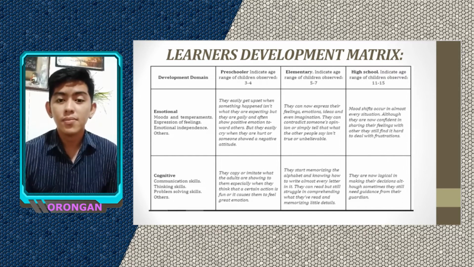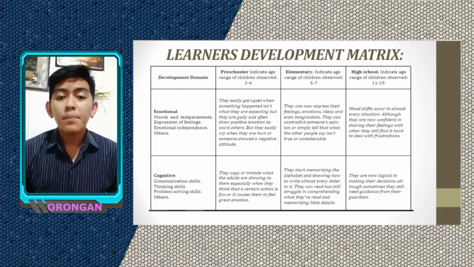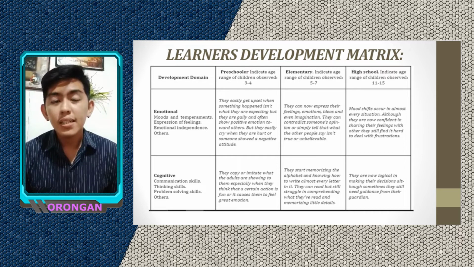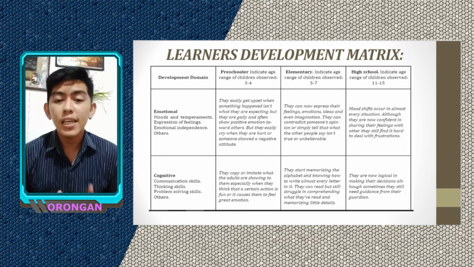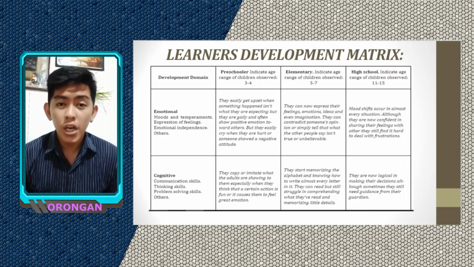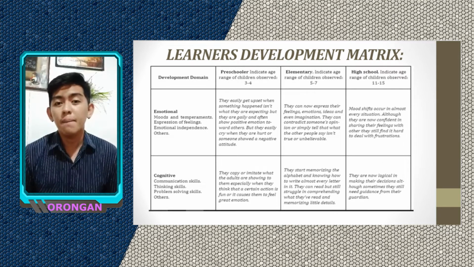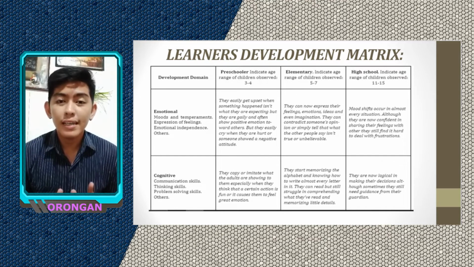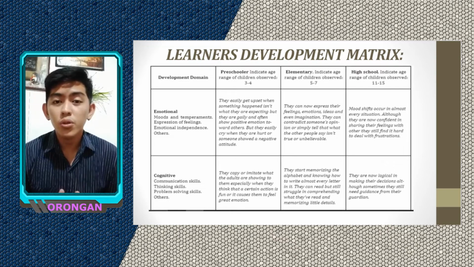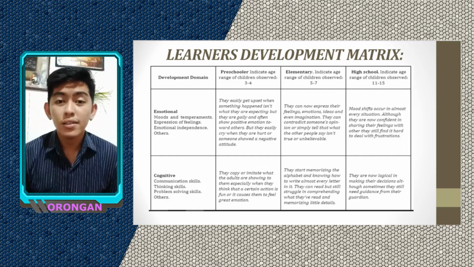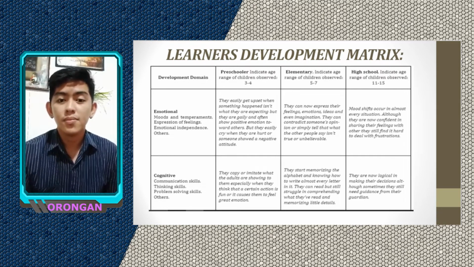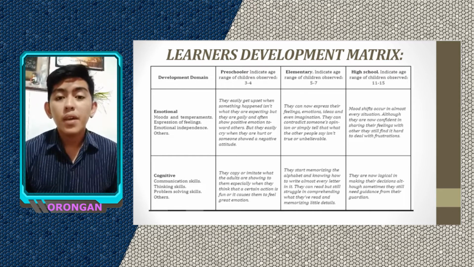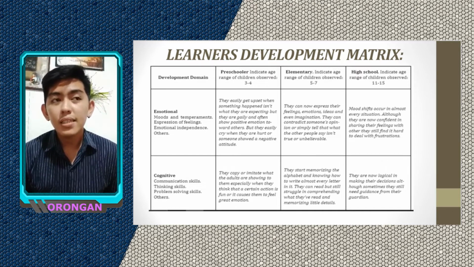And the third one is the high school. Mood shifts occur in almost every situation. Although they are now confident in sharing their feelings with others, they still find it hard to deal with frustration. Many high school students are like that.